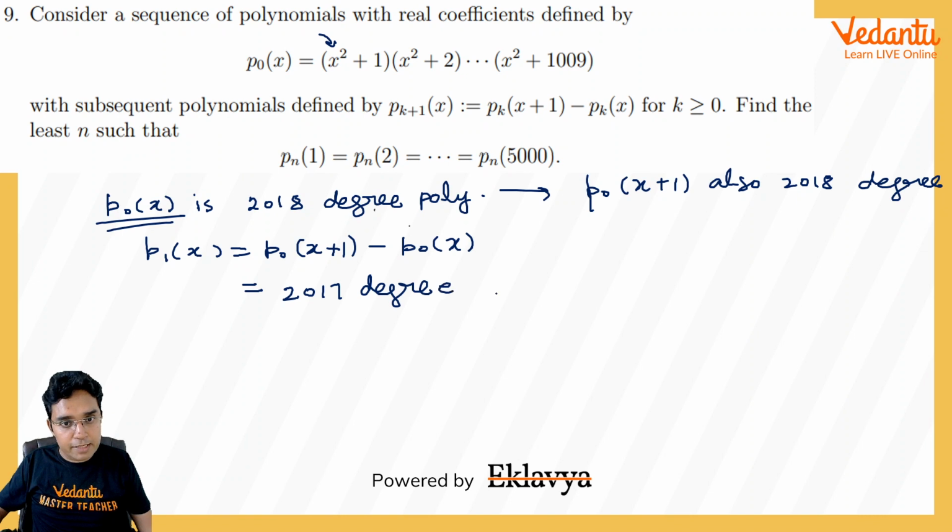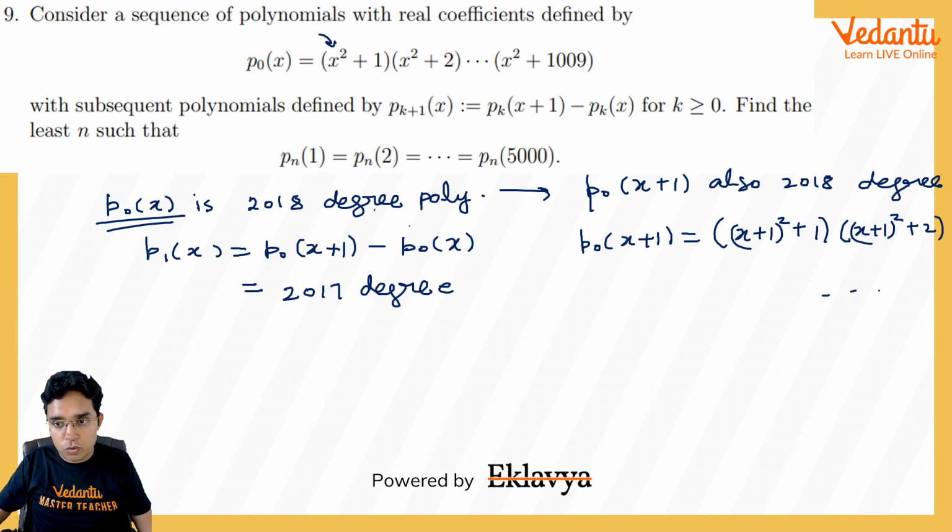I'll repeat what I said. p naught x plus 1 will be x plus 1 whole square plus 1, and x plus 1 whole square plus 2, and so on. Now if you multiply all powers of x together, there will be a term x power 2018, when all highest powers of each bracket are multiplied.